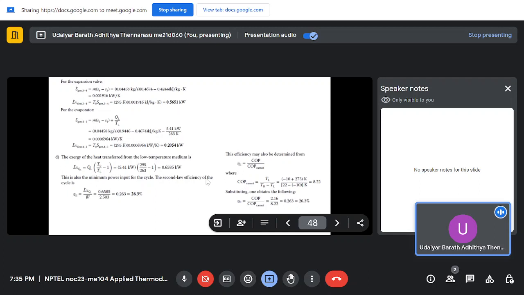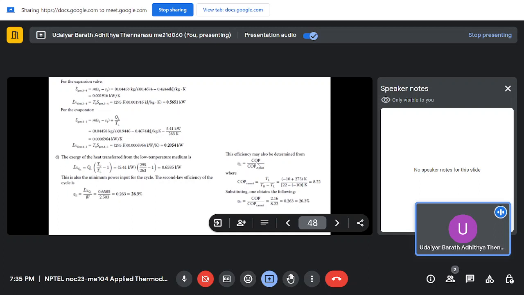So the second law efficiency of the cycle is exergy divided by W. We are converting the heat we get from the evaporator into work, divided by W, or we can find it out by COP as well. So exergy efficiency comes out to be 26.3%.